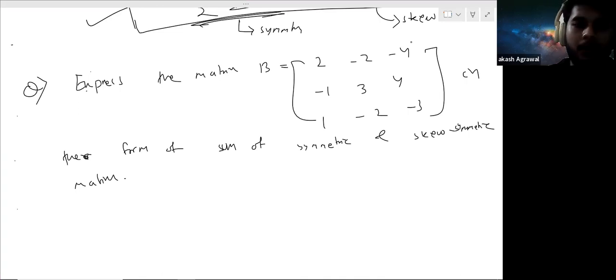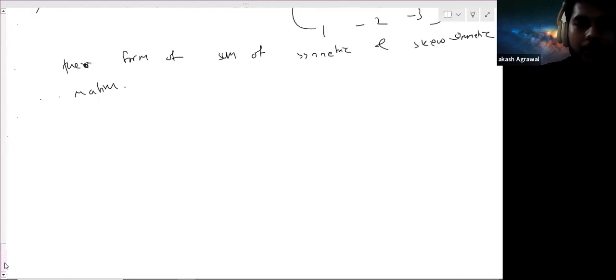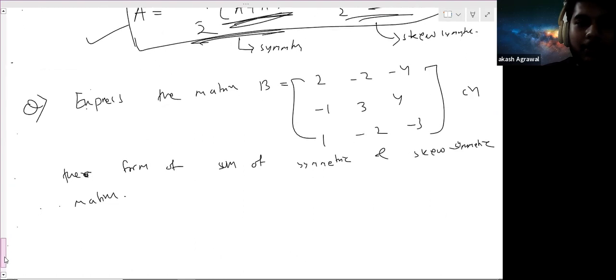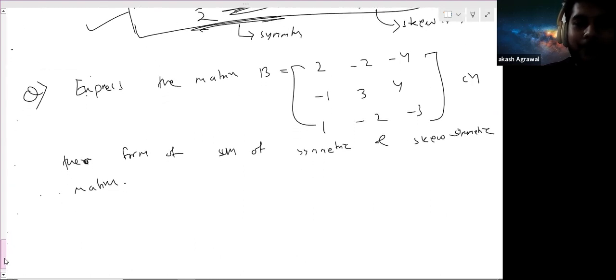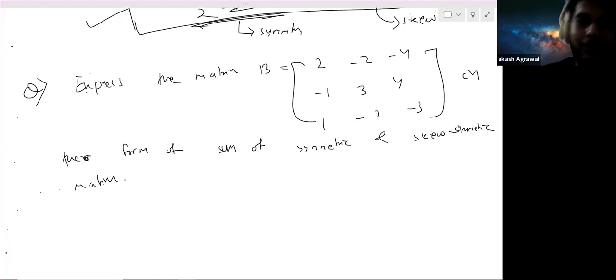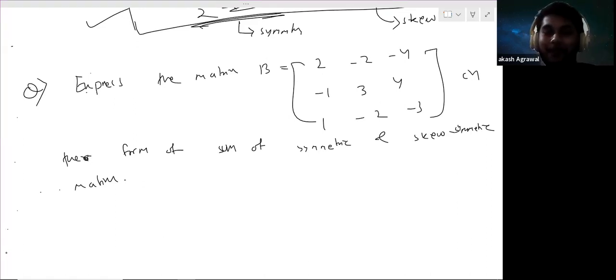Yes, sir. Can you do this, or do you want me to solve this? We can do it, sir. Okay, then try, no issues. You know how to solve, right? This is A plus A transpose by 2, A minus A transpose by 2.